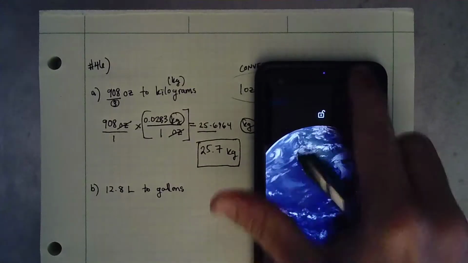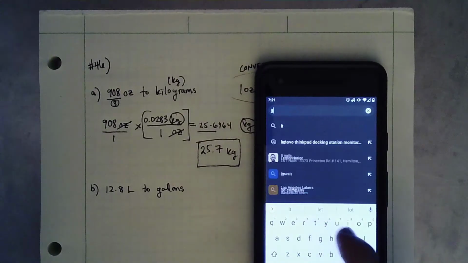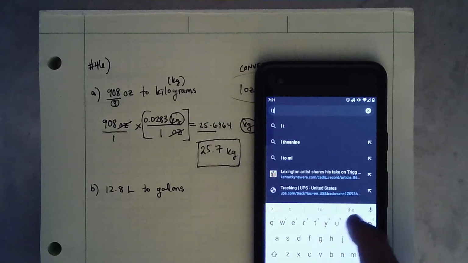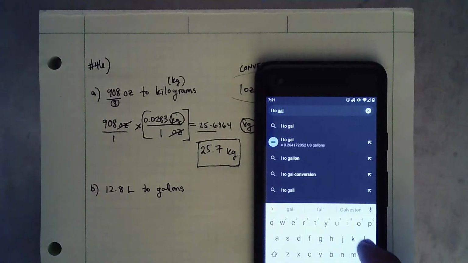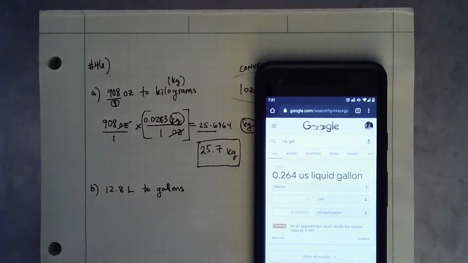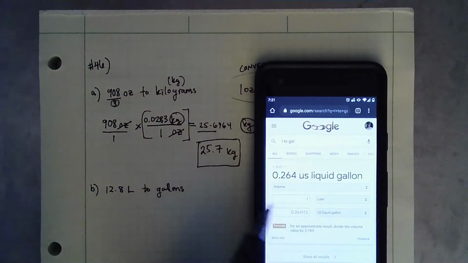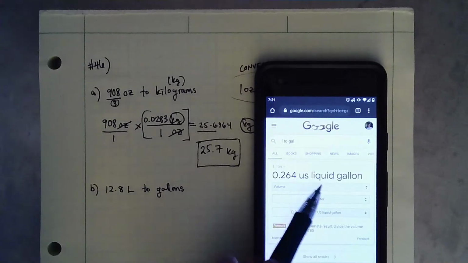So I'm going to pull my phone back up here, and I'm going to search liters to gallon. L to gal is good enough. Google is smart. So 1 liter is equal to 0.264 US liquid gallons.